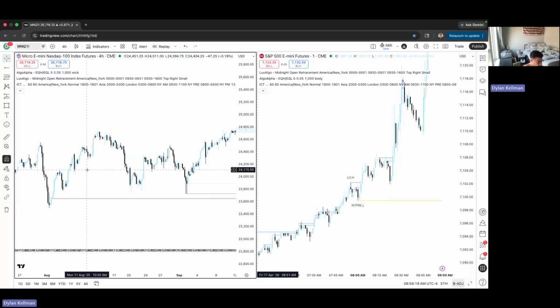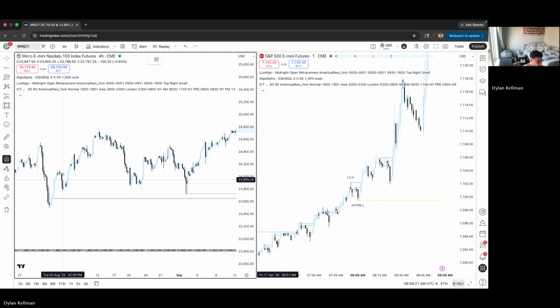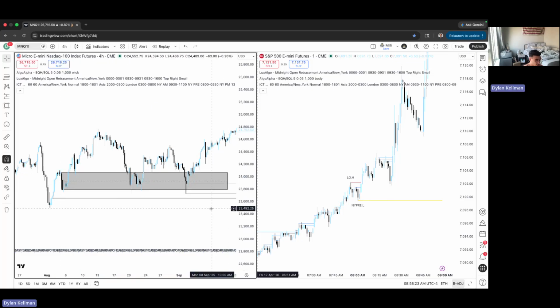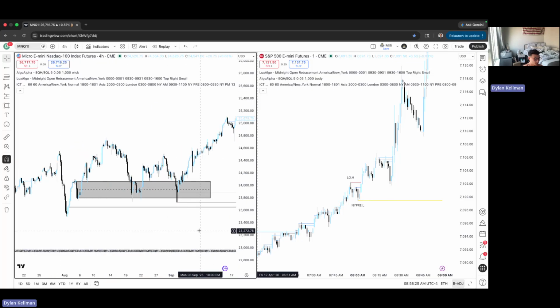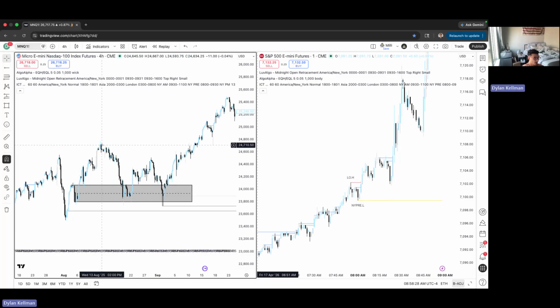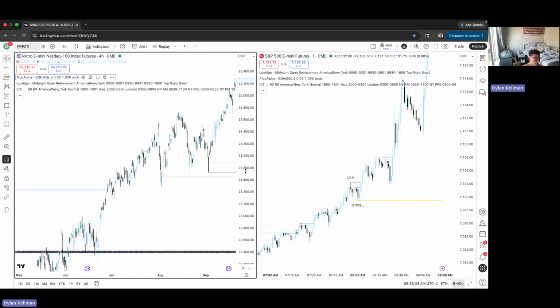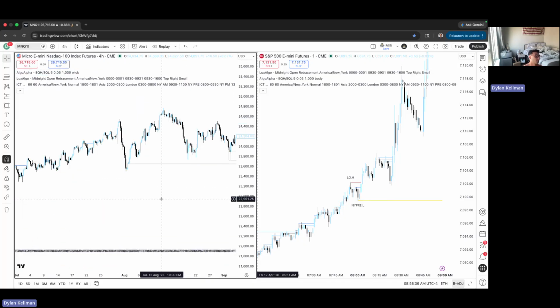Okay, so pretty structure. And this thing holds the whole way. The body's never closed. But when we rally up, come back down to it, rally up, come back down, and then we push. So it's the move up or the move down prior to the break of structure.